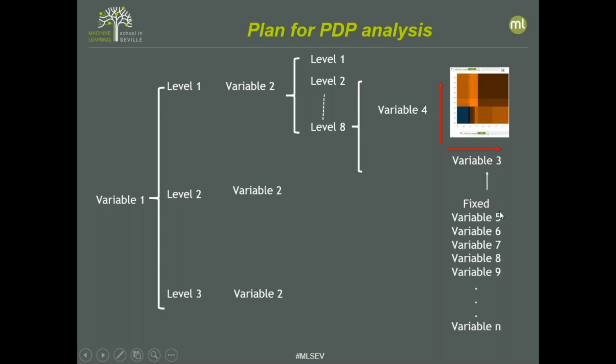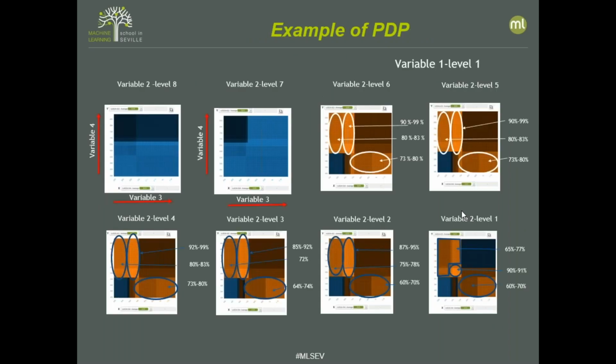In every PDP, we fixed all the rest of the variables. As I said, this is a multivariable analysis, so many were fixed in order to establish the desired value for quality and optimum production cost.